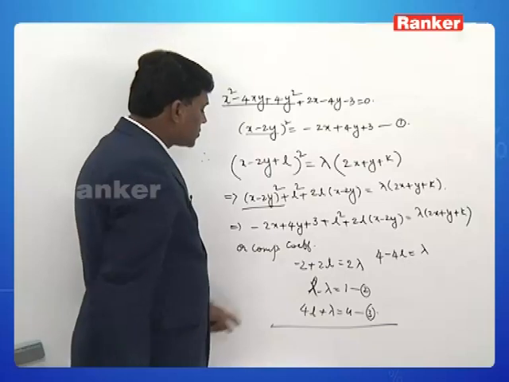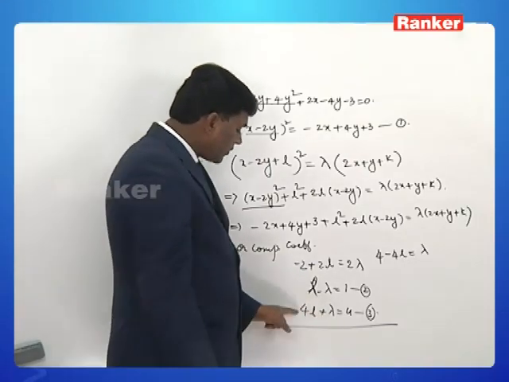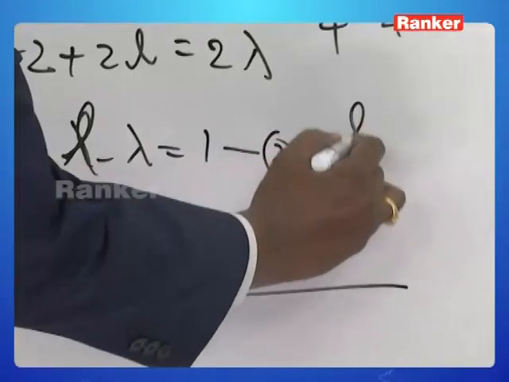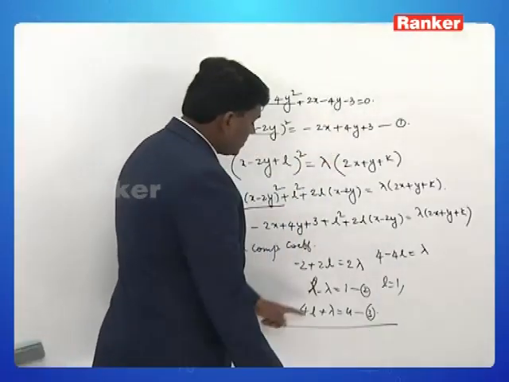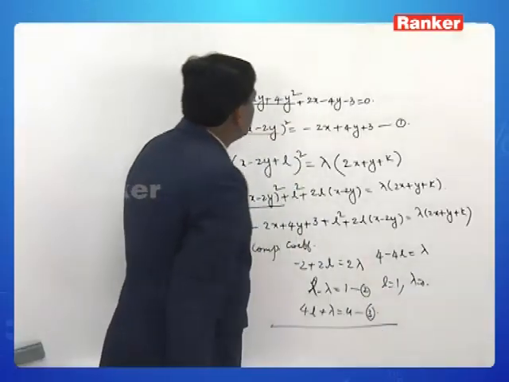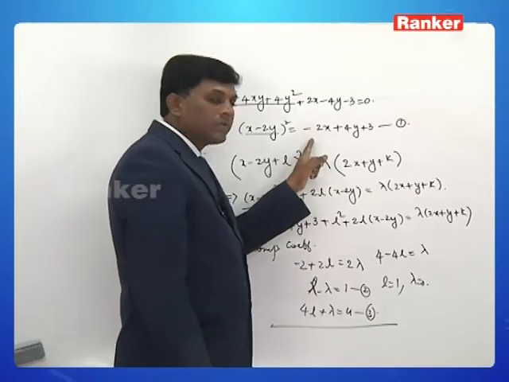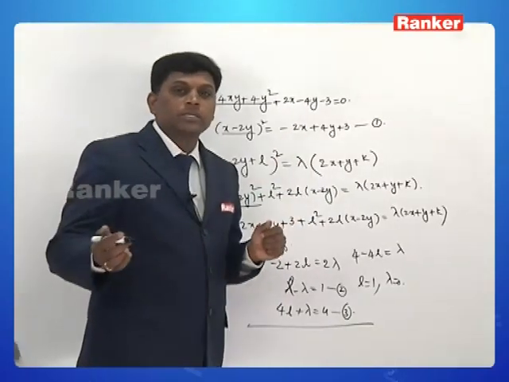Solving these two, clearly we get 5L equals 5, so L equals 1, and lambda equals how much? 0. If lambda is 0, this is definitely not representing a parabola.